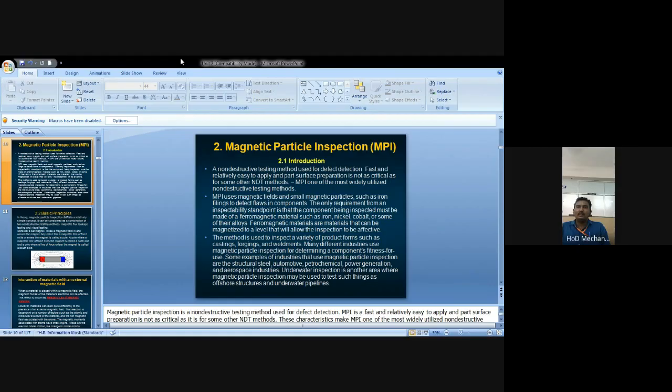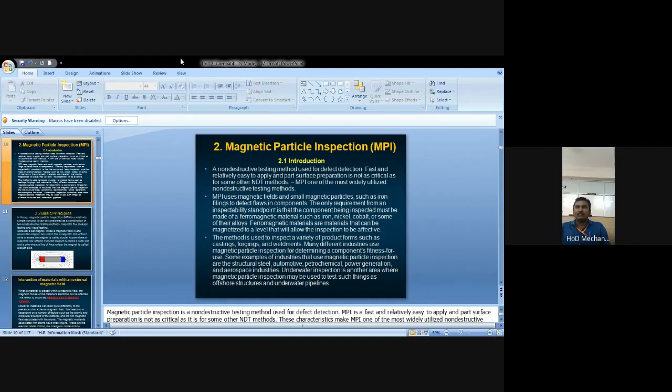In this testing, a magnetic field is used for testing the working specimen. Also, small magnetic particles are utilized, that means small iron particles, that will detect the flaws on the component. The iron particles will gather where the defect occurs.